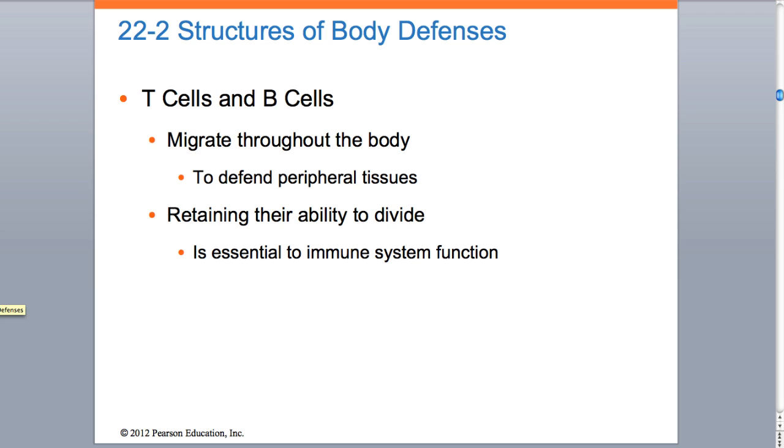Now, this slide right here, it says in the last part, is essential to immune system function. That means if you lose level 3, level 4, you're in big trouble when it comes to your immune system. I'll mention a kid named David, the Bubble Boy. In the late 70s, there was a movie with John Travolta about David the Bubble Boy.